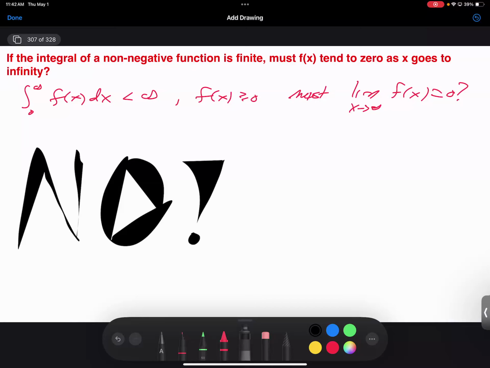If we have many points that are, let's say... Good. So one thing is, I never said continuous.